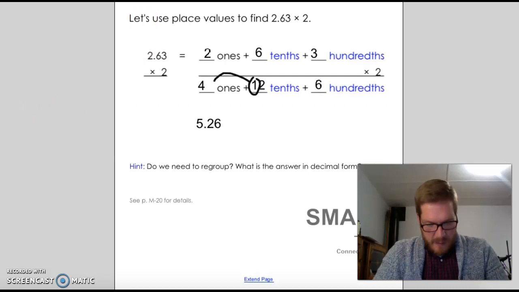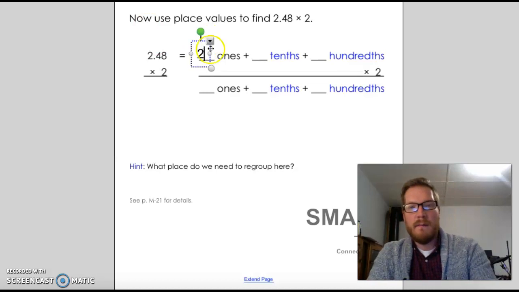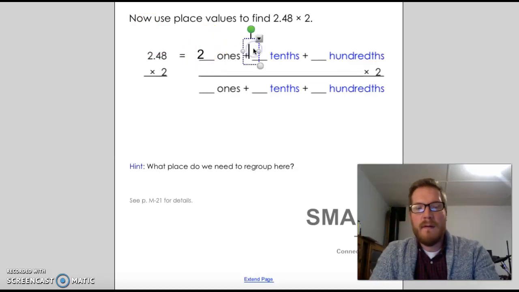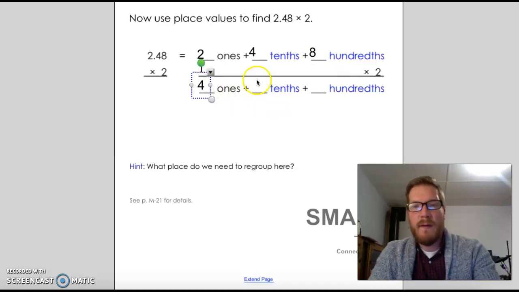All right. So another bit of practice here. And again, you can pause it if you want and try them on your own. Just go through it. So we have our 2 ones, our 4 tenths, and our 8 hundredths. And again, once we have done that multiplication, we're going to have 4 ones here.